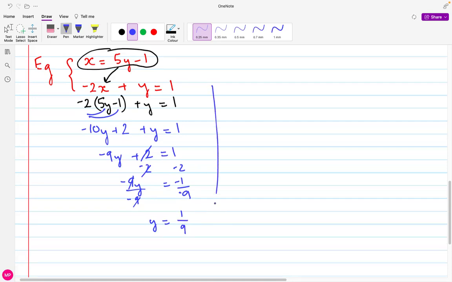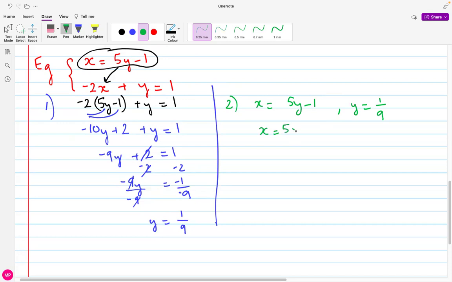So when you solve for y, you can substitute back in and solve for x. All right. So x is 5y minus 1, and you know y is 1 over 9. So what you do is substitute 1 over 9 in, and you can get x.